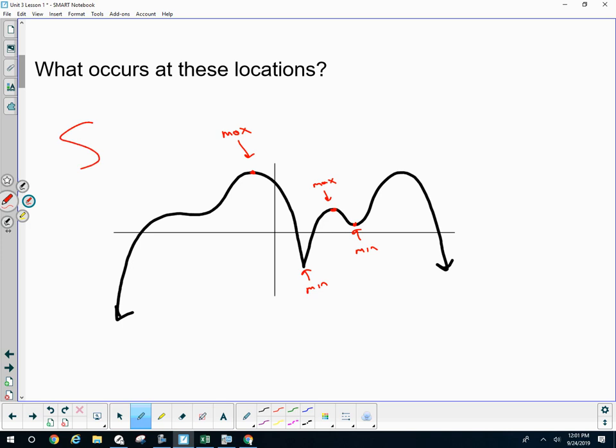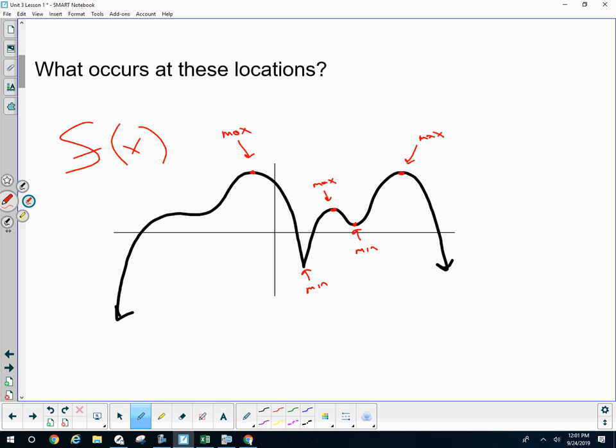Again, this is f of x. This is a function. These are interesting points on my function. It's a max. Cool. What do most of these points share in terms of some calculus things we've talked about?